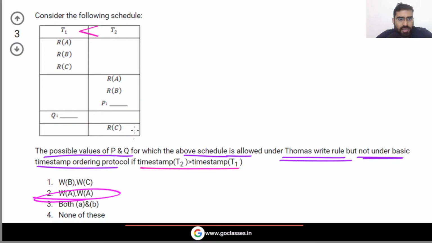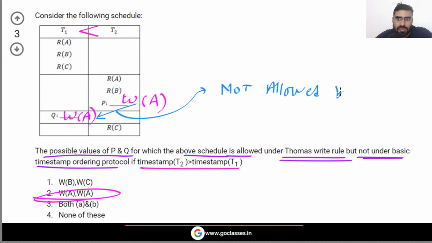What about WA? If I put WA here, now you can easily see this is not allowed by the timestamp protocol. Is this allowed by Thomas Write rule?